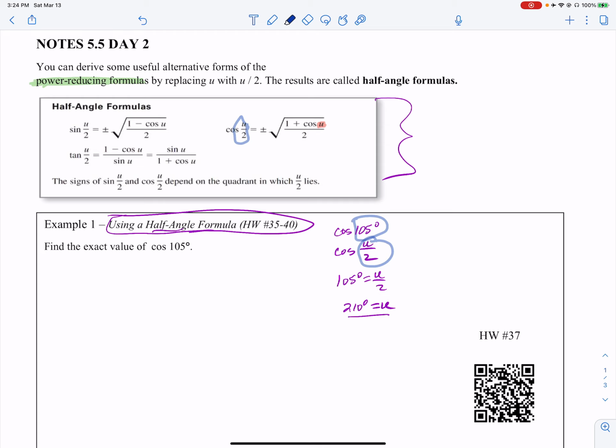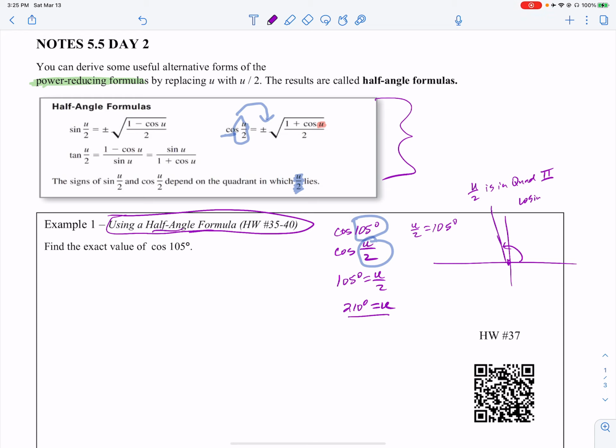And remember how I said we use the quadrant in which u over 2 lies to determine if this is a plus or minus, depending on if cosine is positive or negative there. So on this one, the u over 2 being 105, well, we have to figure out that 105 degrees is more than 90, right? So 105 degrees rotates around and is in quadrant 2. So u over 2 is in quadrant 2.